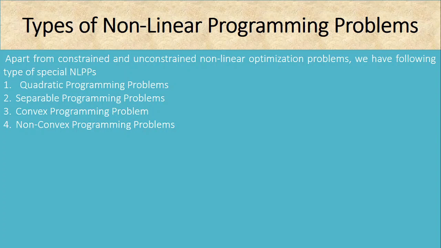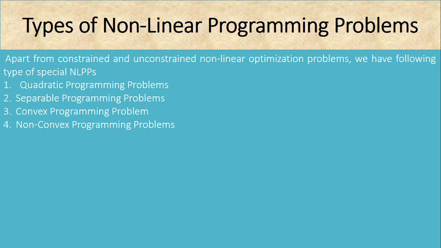Like if I have f of x is equal to x1 square plus x2 square plus 3x1, then I can separate it as a function of x1 plus a function of x2. So if the objective function is in this form, then it can be solved using the separable programming approach.